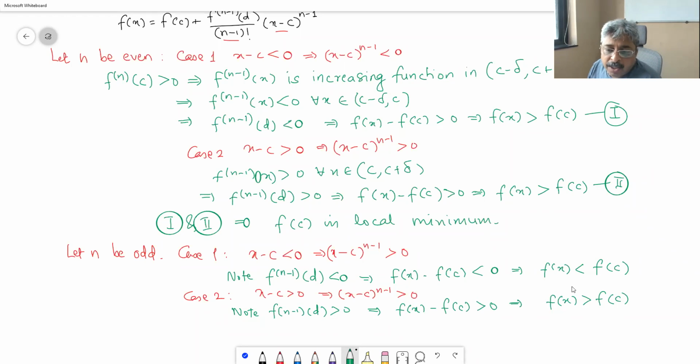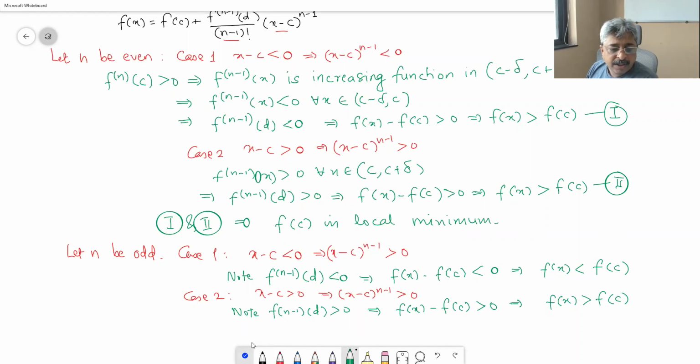So f of x is less than f of c in the first case when x is to the left, and f of x is greater than f of c when x is to the right. This implies, and f dash of c is 0.